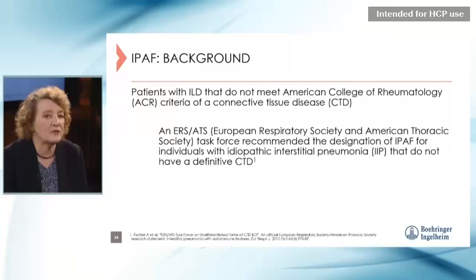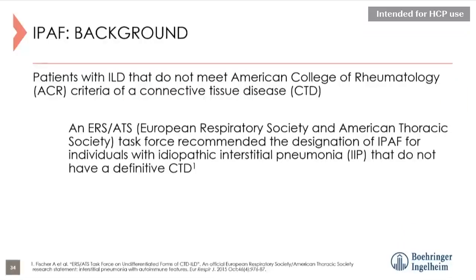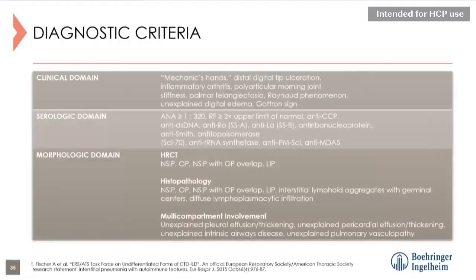And so a few years back, the ERS and the ATS came up with these guidelines so that we could classify patients into this category. And in order to be classified as IPAF, as we call it, there are 3 different domains, and you have to have 2 of them. So there's a clinical domain with a bunch of rheumatological, Raynaud's, skin, arthritis types of features.